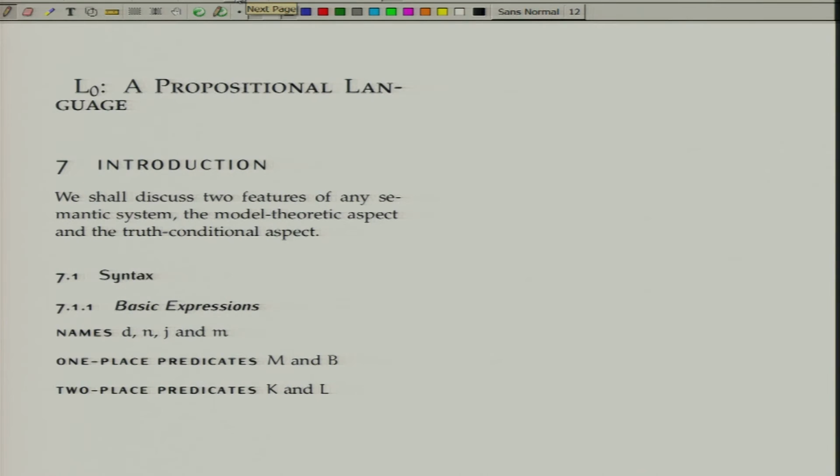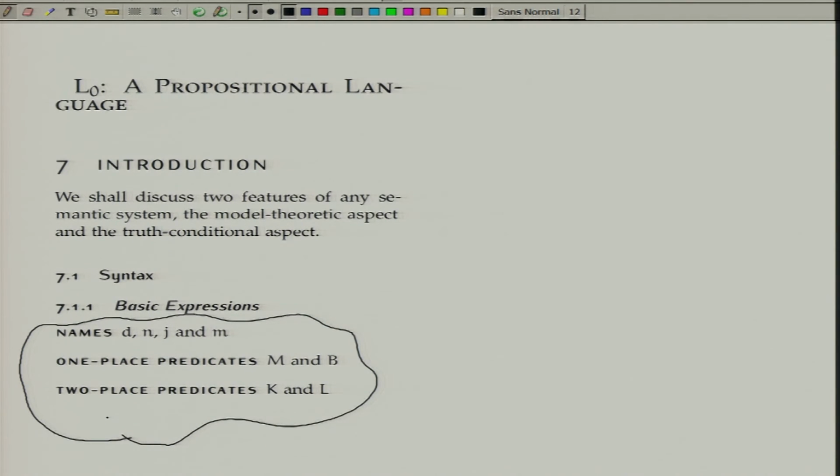And so the construction of this system is this. These are the basic units, the basic expressions. So you have 4 names here. Names, remember, are not part of the reality, they are linguistic things, they are part of the language, not of any reality.